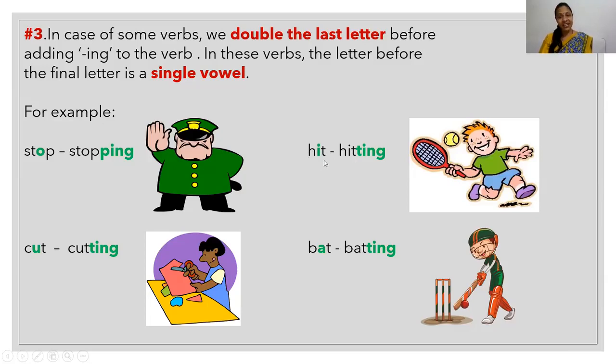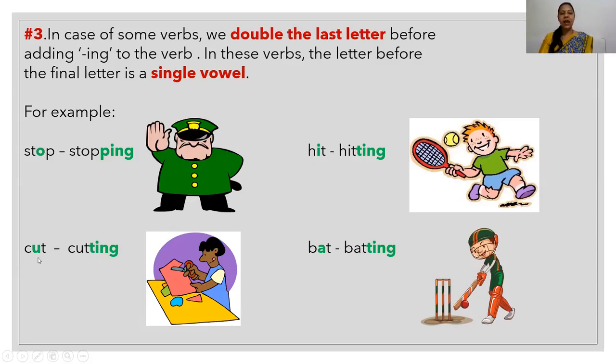Okay. Let us take another example. H-I-T, hit. Now, in this case, the final letter T has a single vowel before it. So, to convert it into its ing form, we will double the final letter T and add ing. So HITTING becomes the ing form of the word hit. Again, let us see one more example.